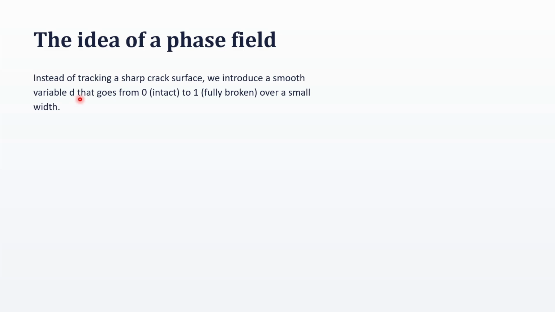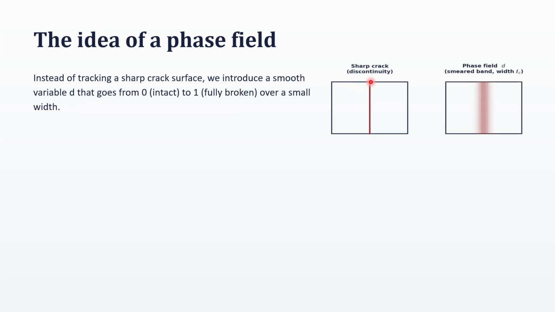This variable d goes from 0, which is intact, to 1, which is fully broken, over a small width. And this width was characterized by the length scale parameter lc. If you have a sharp crack or a discontinuity in a body, the phase field replaces this sharp crack with a smeared band of width lc. This smeared band, this contour, is the phase field contour.